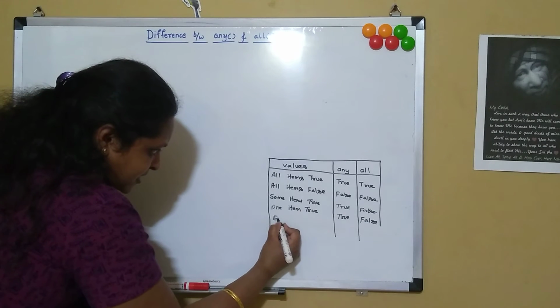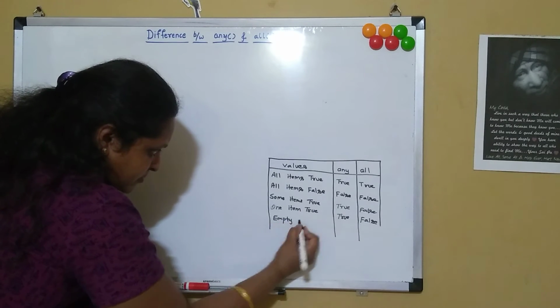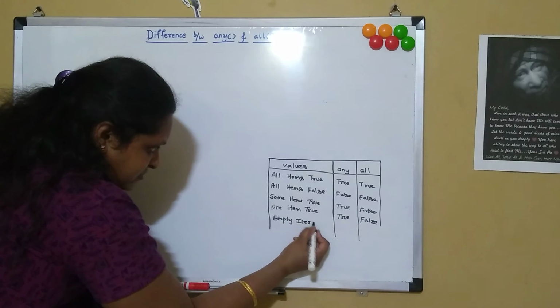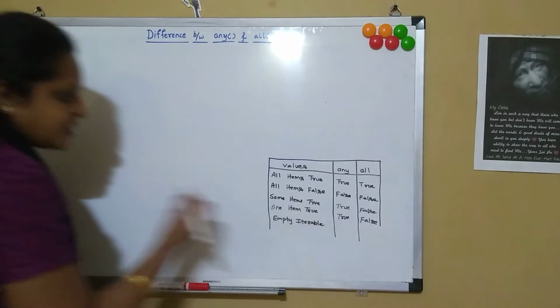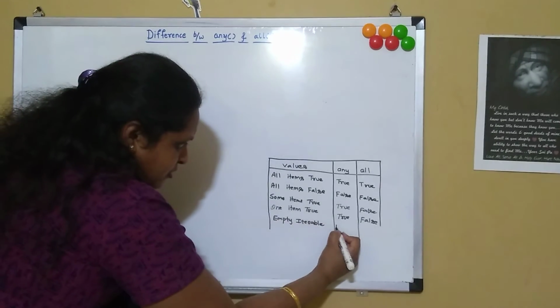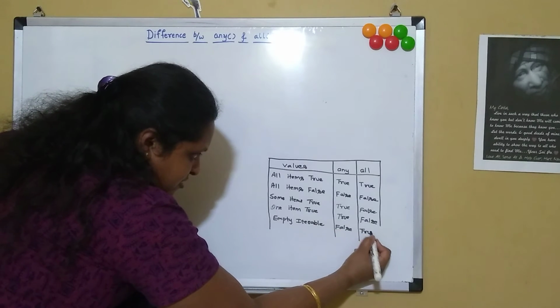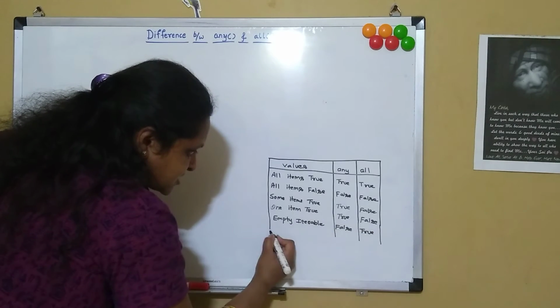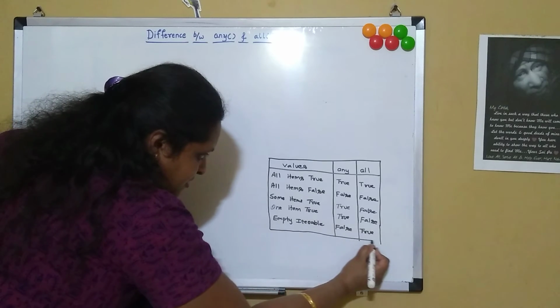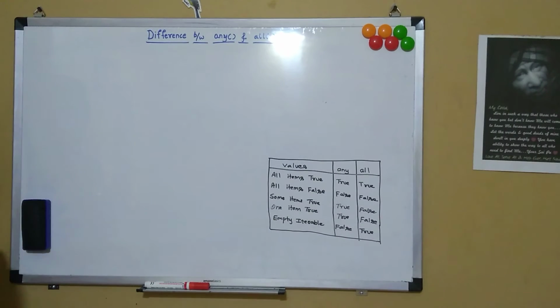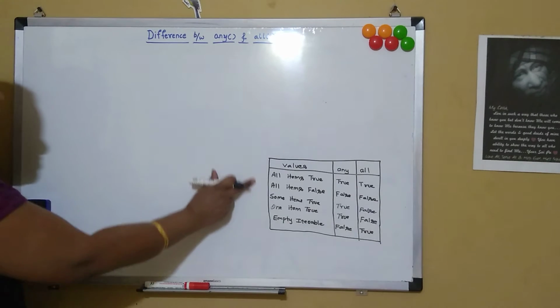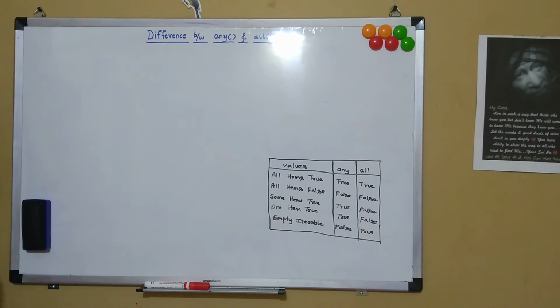Then empty iterable. Any function returns false. All function returns true. So this is the table which gives the difference between any and all. What value does any return and what value does the all function return in these various scenarios.